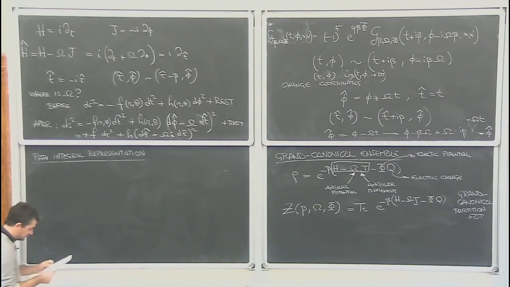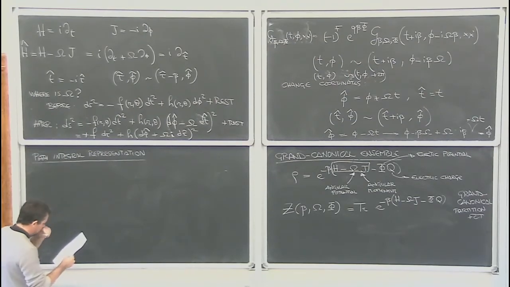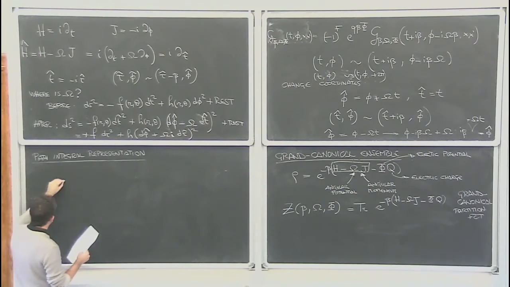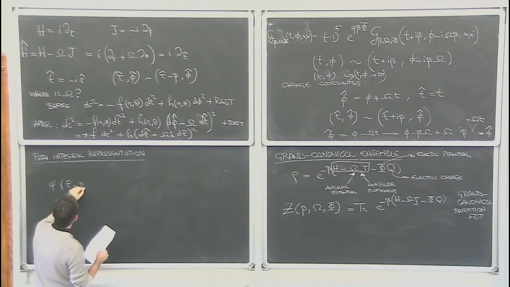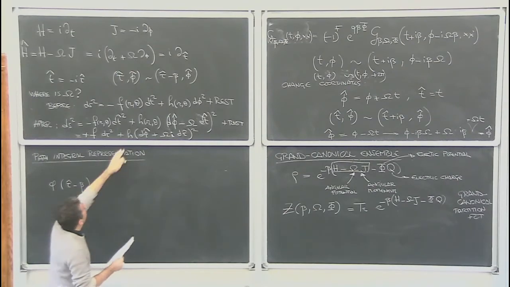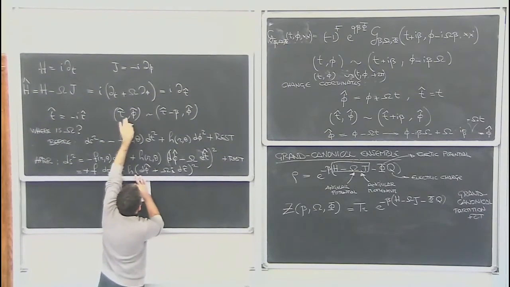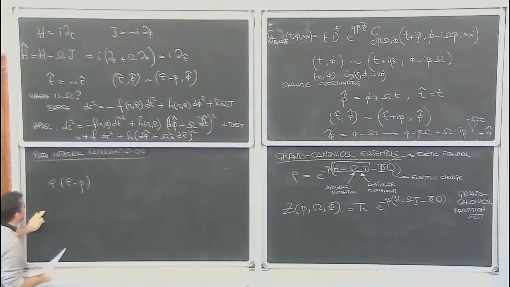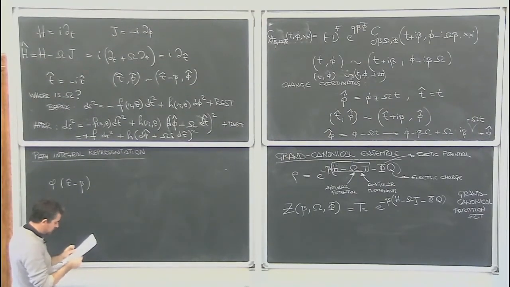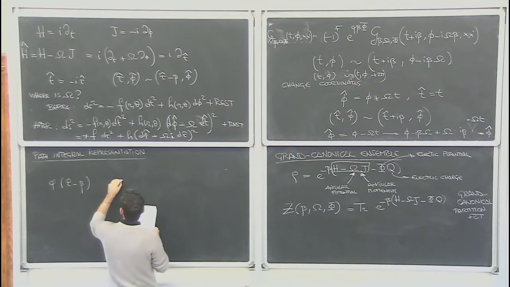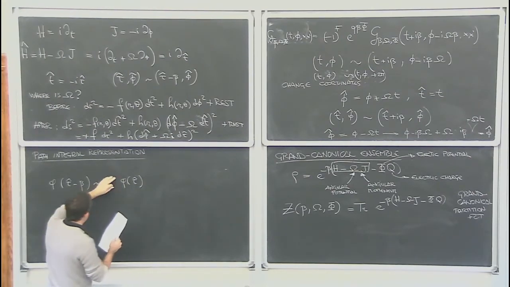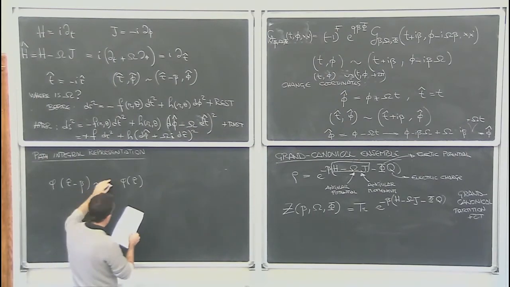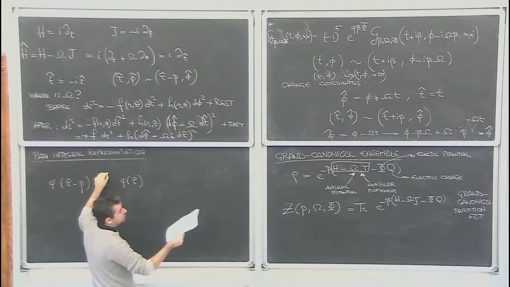So how should I write it? So far we have that phi of tau hat minus beta goes into phi of tau hat, but there is this action of the U1 charge, e to the, I'm assuming it's U1 just to make it simple.